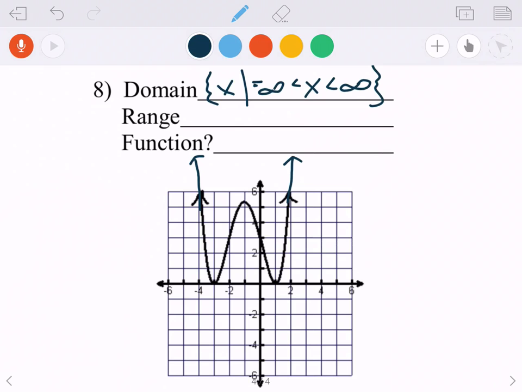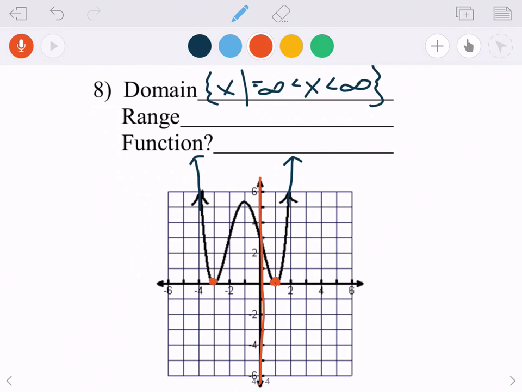So now let's take a look at the range. This graph, so again, my range is my y-axis in red. The lowest points on the y-axis are those 2 points that I'm highlighting in red. That is at y equals 0.